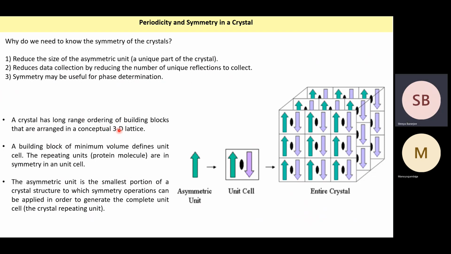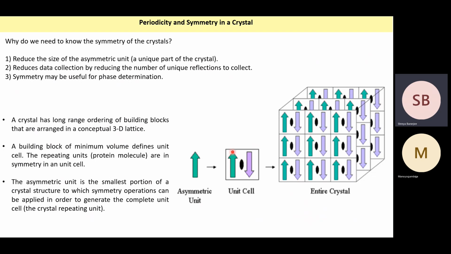Now, a crystal has long range ordering of building blocks that are arranged in a conceptual 3D lattice. An asymmetric unit is the smallest portion of a crystal to which symmetry operations can be applied to generate the complete crystal. So this is an asymmetric unit. We will talk about the symmetry operations later, but for now, assume that this black portion that is shown here is a center of inversion.